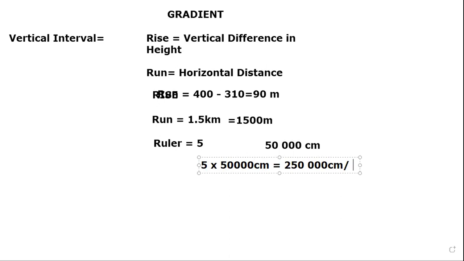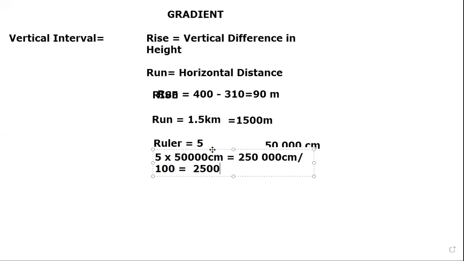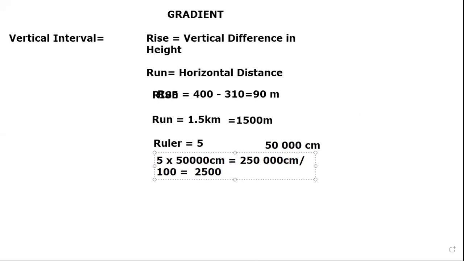Now you need to convert this to meters, because your contours, which is the rise, is in meters. So how do you divide to convert to meters? You divide by 100,000. So this now becomes how much? 2,500. Everybody understand that? Anybody confused?